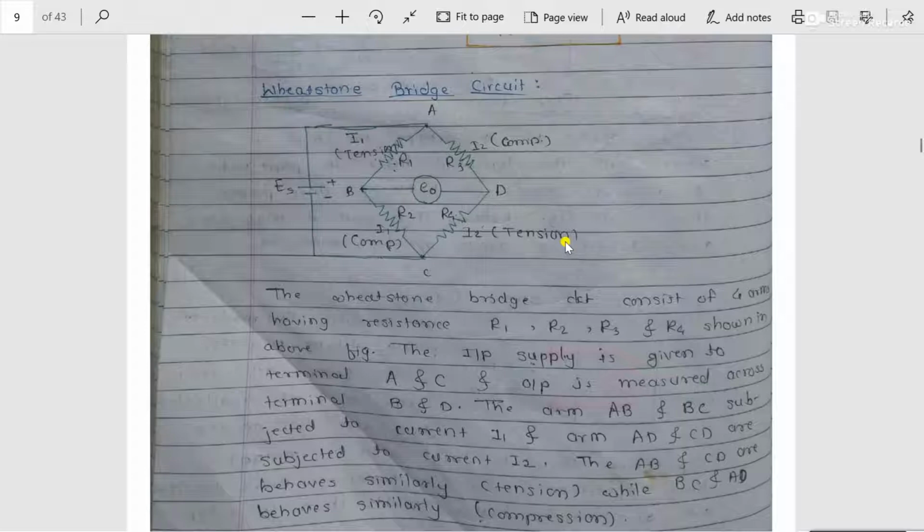But what is the requirement of this particular Wheatstone bridge circuit? This circuit is used to measure the change in resistance value. If I have to use this Wheatstone bridge circuit in strain gauge applications with only one strain gauge, then instead of one arm, I have to attach the one strain gauge. If I have to use it with two strain gauges, then out of the four arms, on two arms I have to attach the strain gauges.